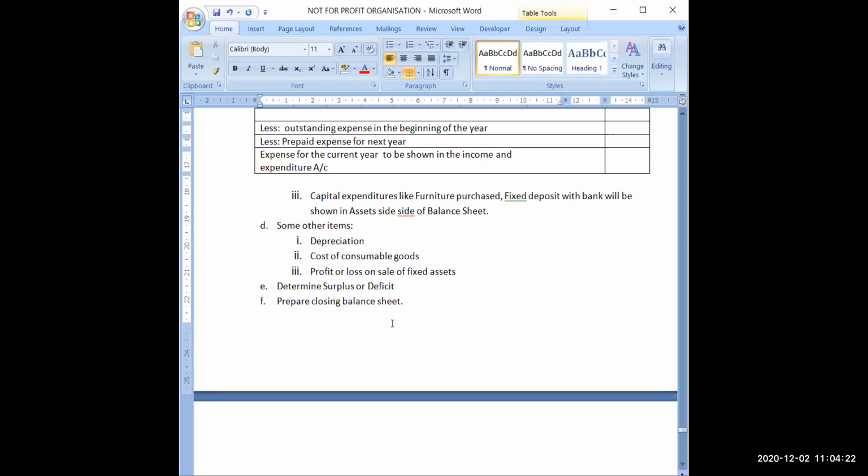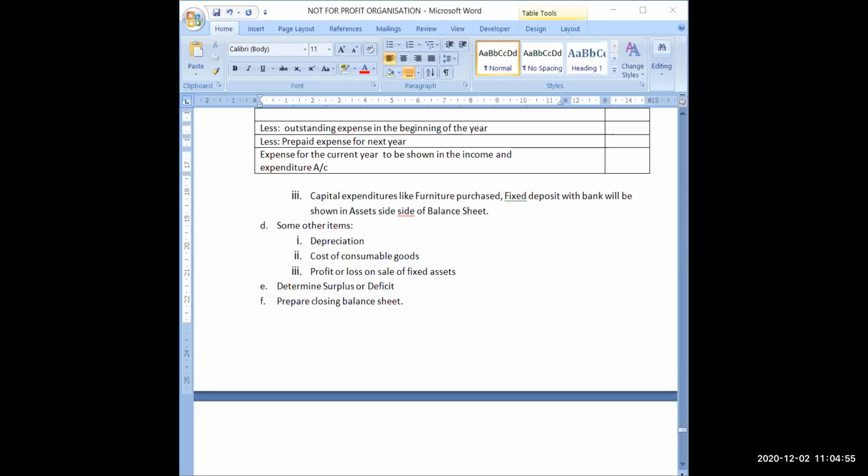Ultimately, we will be determining the surplus or deficit, like we were calculating profit or loss last year. If your incomes are more than your expenses, you will get a surplus. And if your expenses are more than your incomes, then it will become a deficit. And then afterwards, the same amounts for the closing year will be written in the closing balance sheet. I will again revise them.